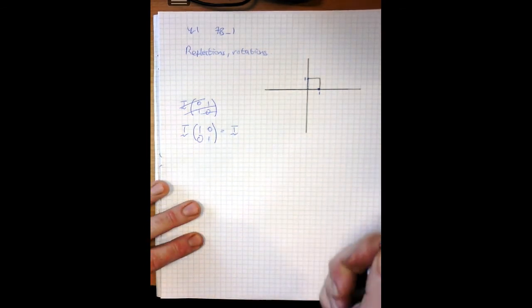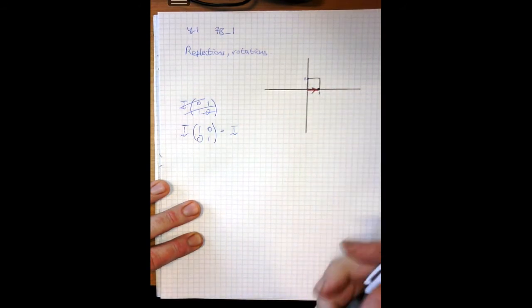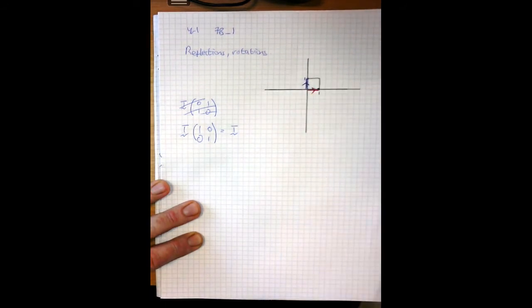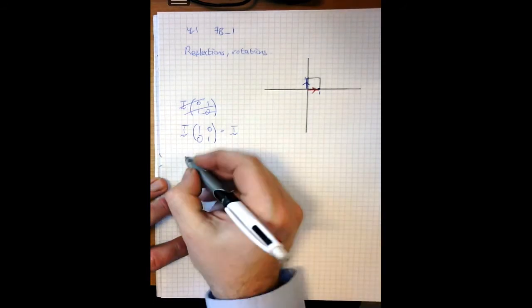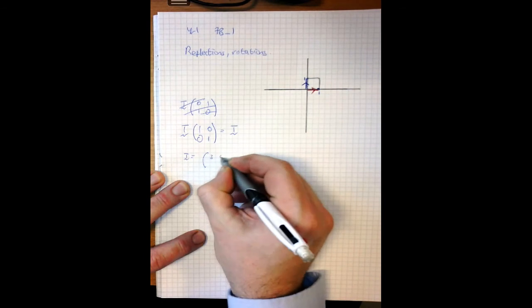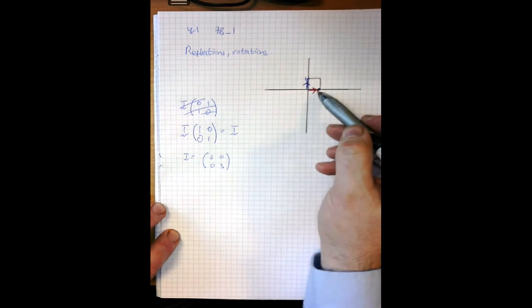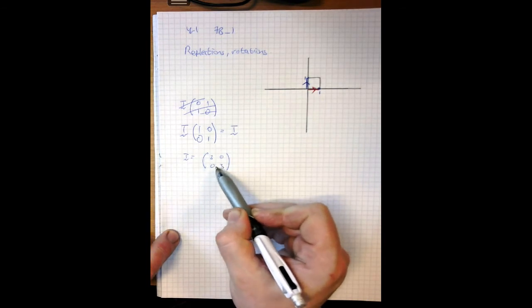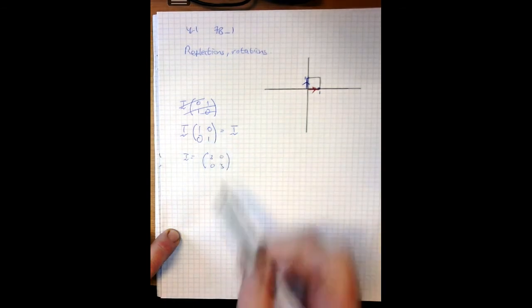What I do is I consider the two sides of the unit square, and drawing them in different colours is a really useful thing here.